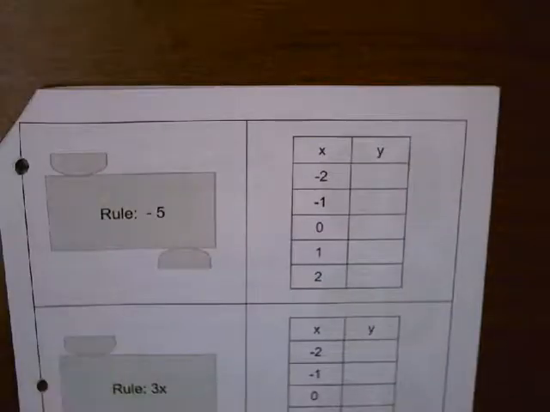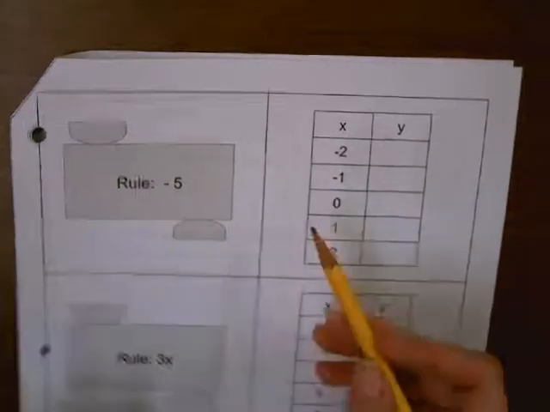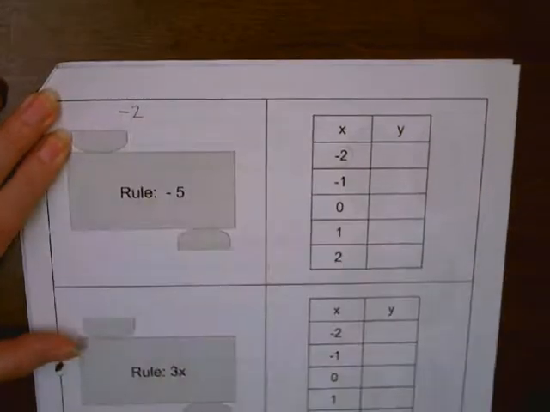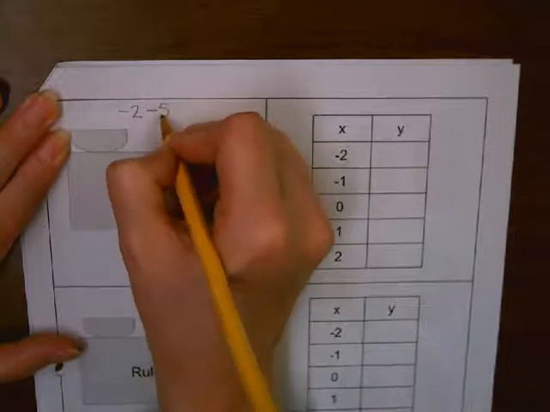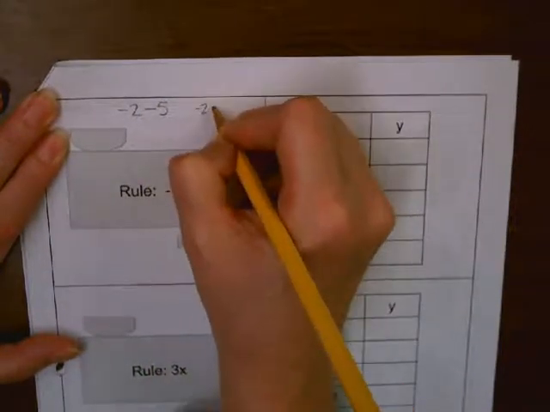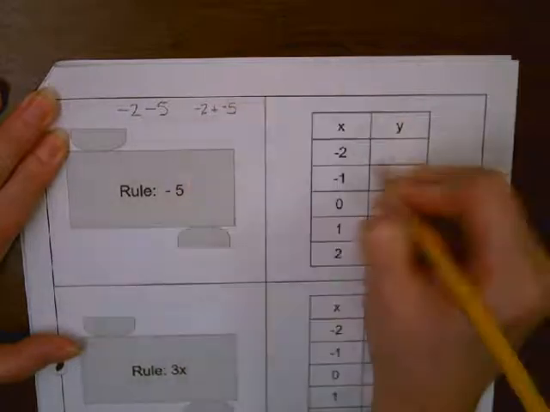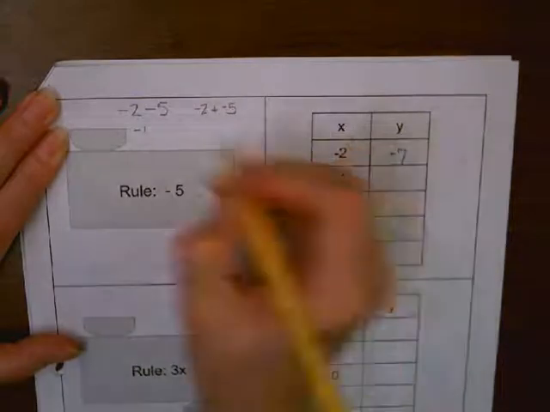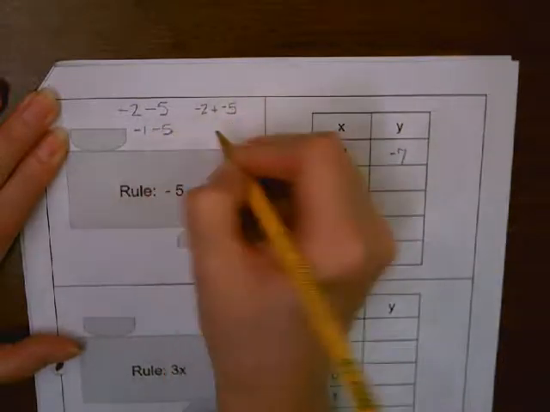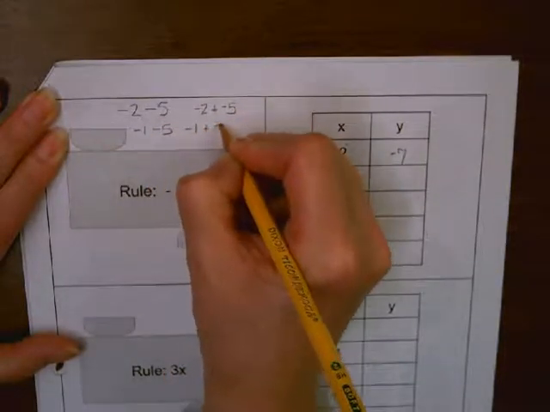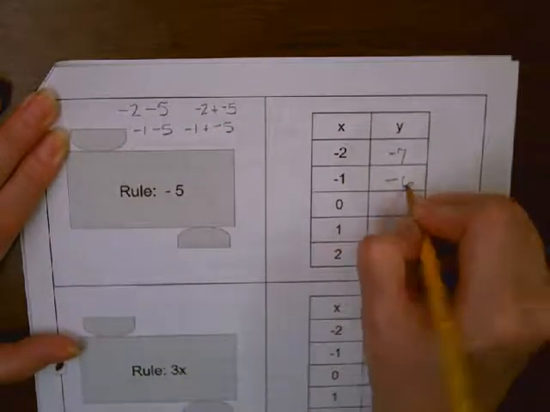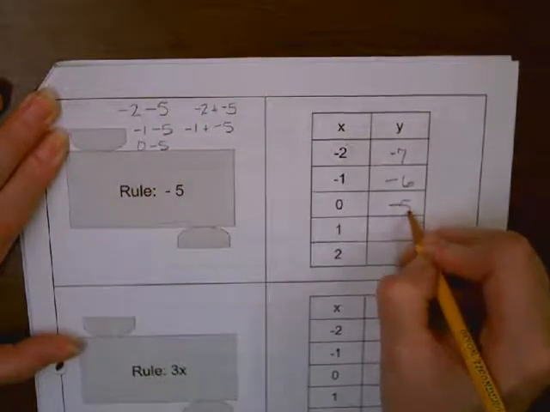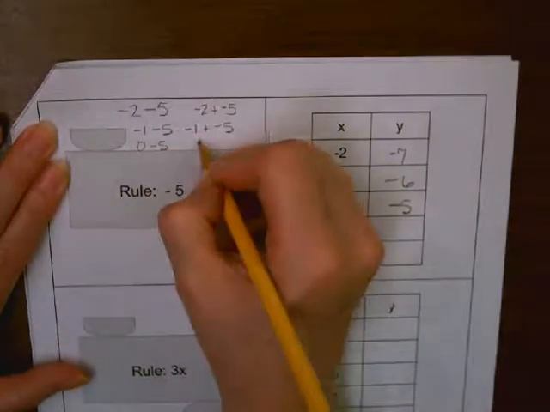All right, let's work with some more function rules. What happens if I put in a -2? -2 minus 5. Same, change, opposite. What happens if I put in a -1? Same, change, opposite. What happens if I put in a 0? What happens if I put in a 1?